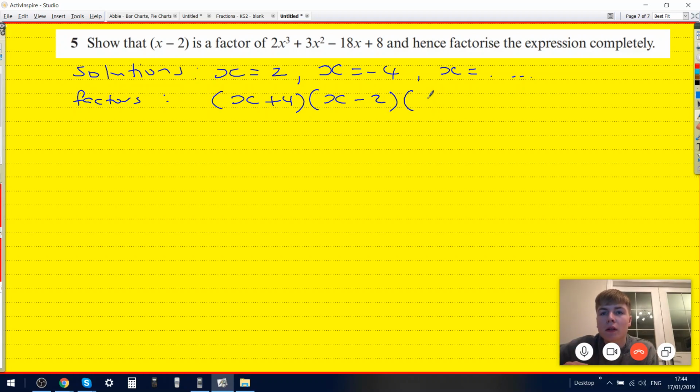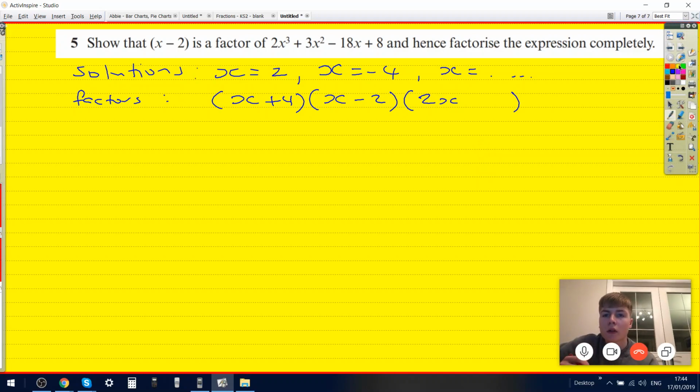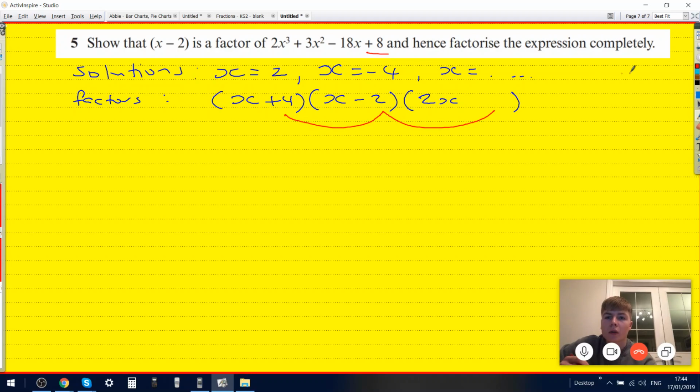Must be, is it 2x? Oh yeah. 4 times 2 is minus 8. Sorry, it just keeps 8. You get plus 8. So what would go here? It needs to make plus 8. 4 times minus 2 is minus 8.